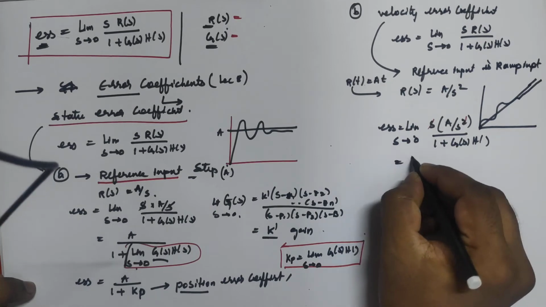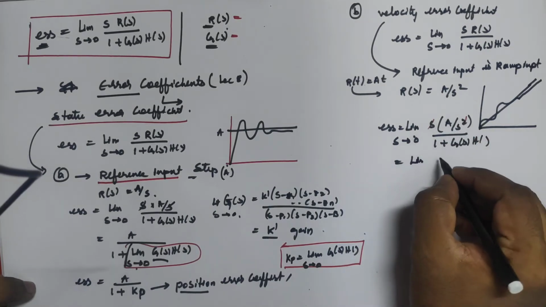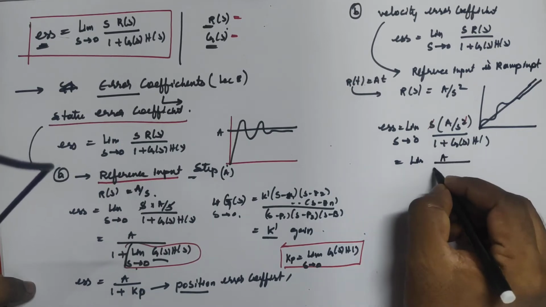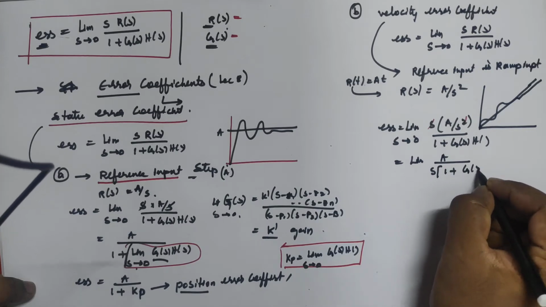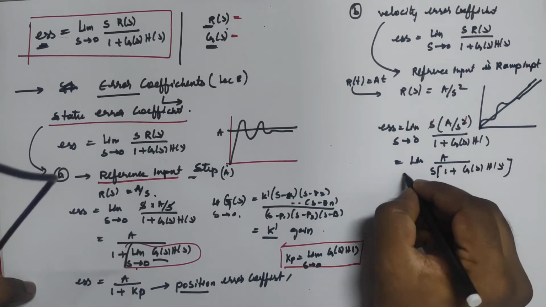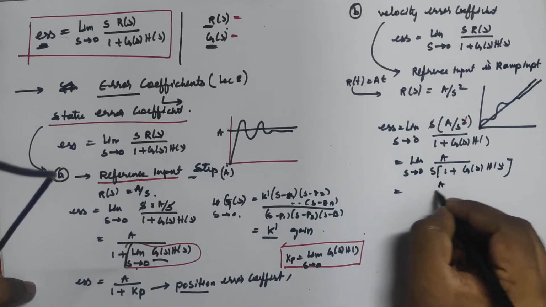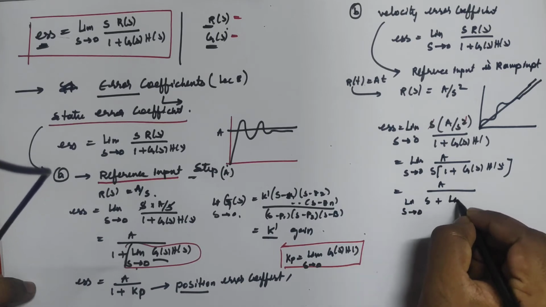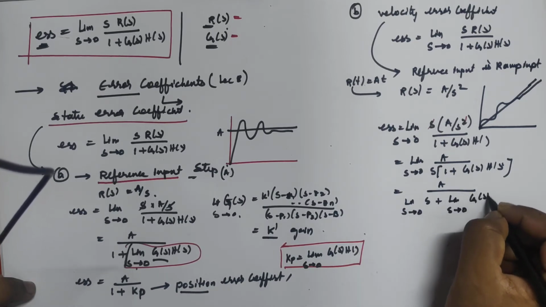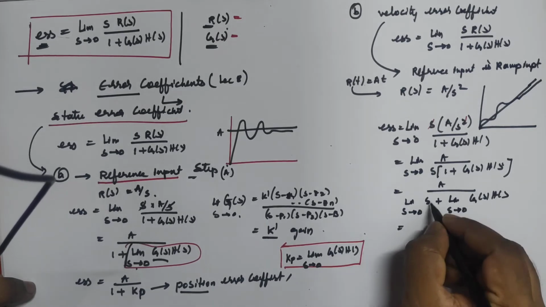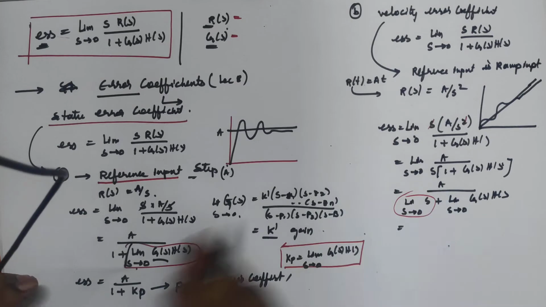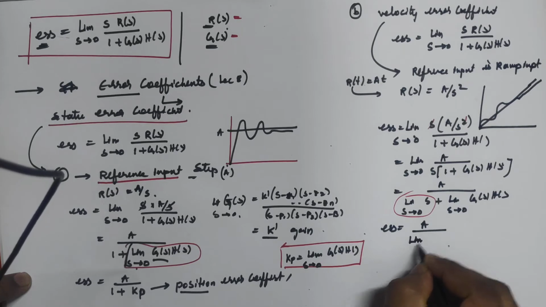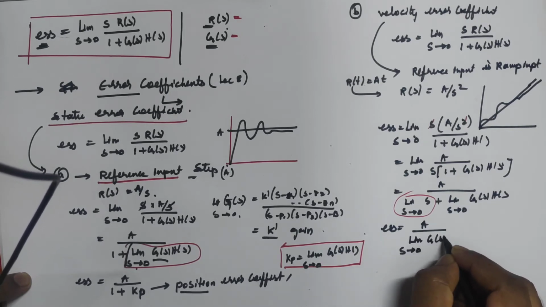Bring the denominator s downward, you'll obtain A by s into 1 plus G(s) H(s), then s tends to 0. If s times G(s) H(s) goes to 0, then the whole term becomes 0. So we end up with the steady state error value as A by limit s tends to 0 of s G(s) H(s).